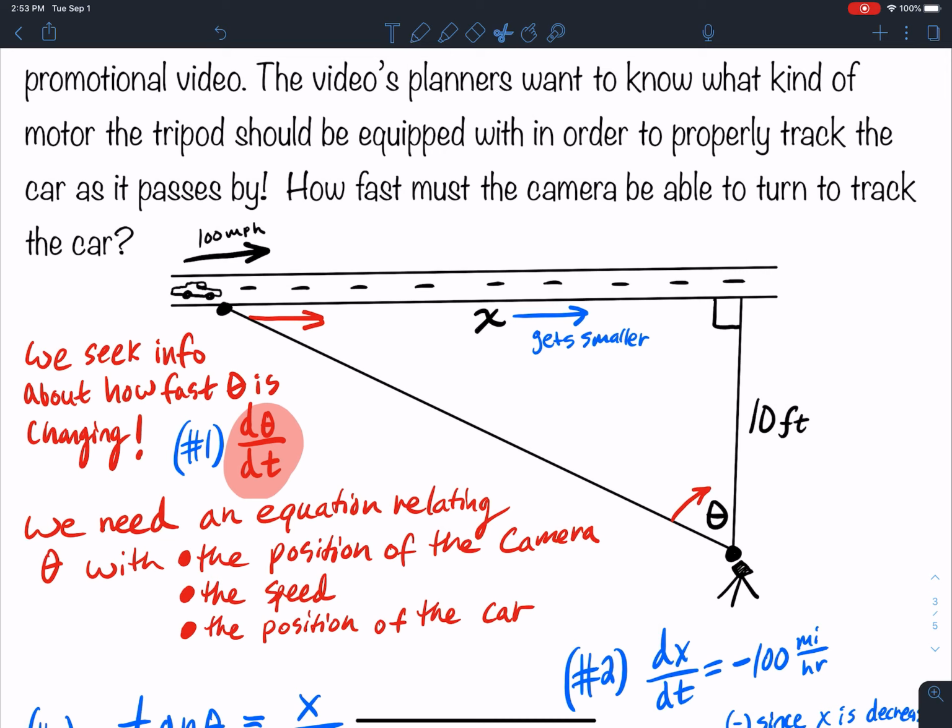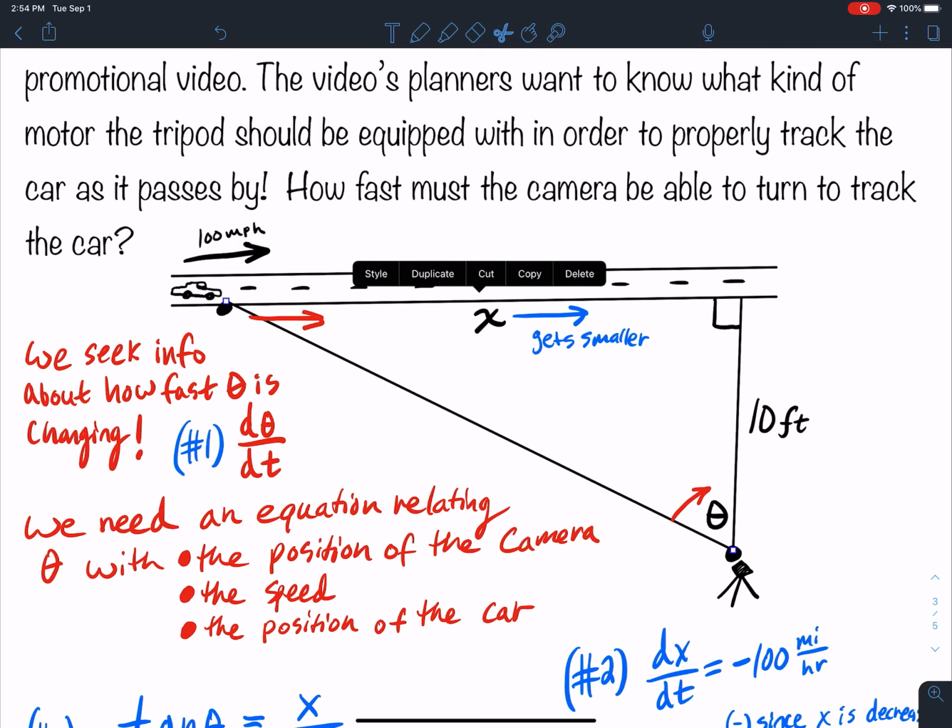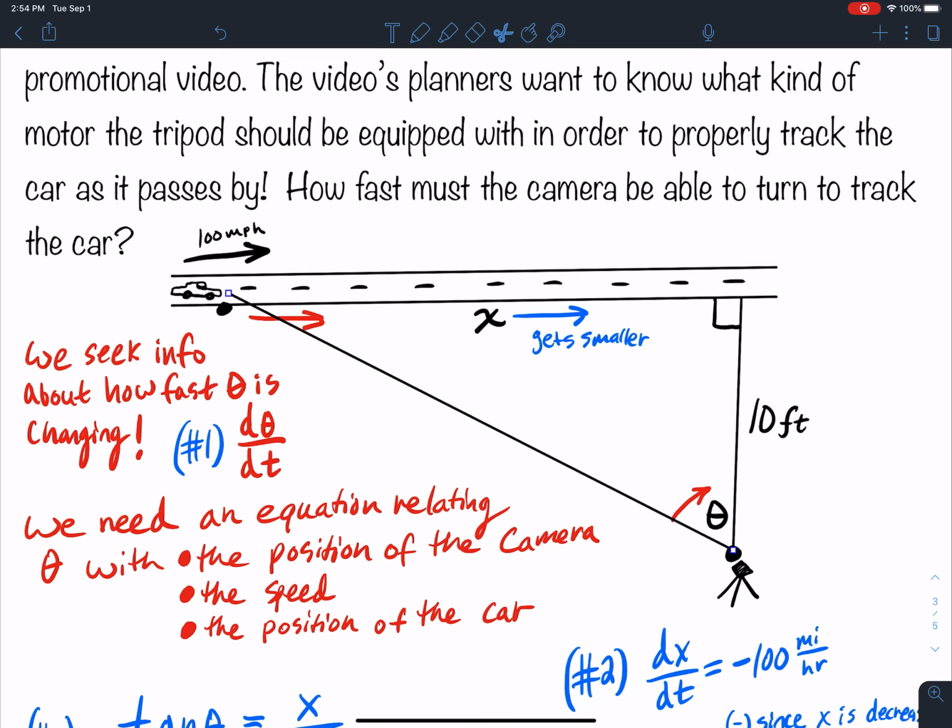And if you'll recall, the closer and closer the car gets to, hold on a second, let me see if I can do something clever here. Oh no, that's not going to work. Okay, so just pretend that the car is on the end of this little stick right here. And so as the car gets closer and closer here, what's happening? The rate of change of theta is changing.